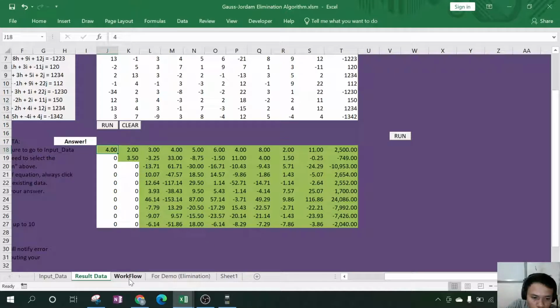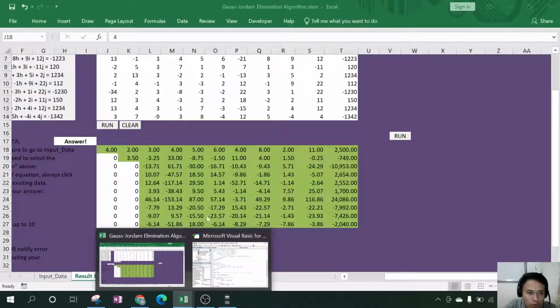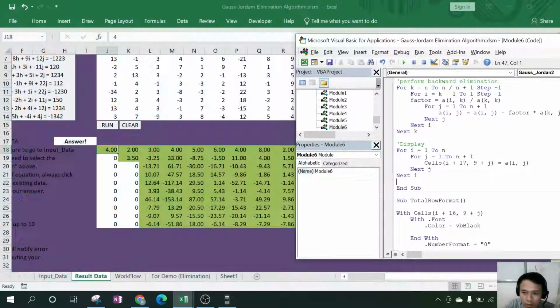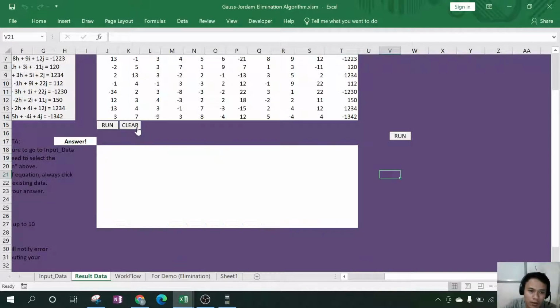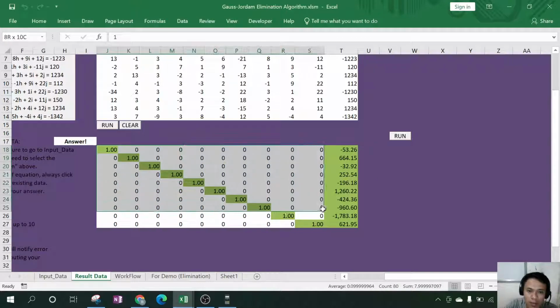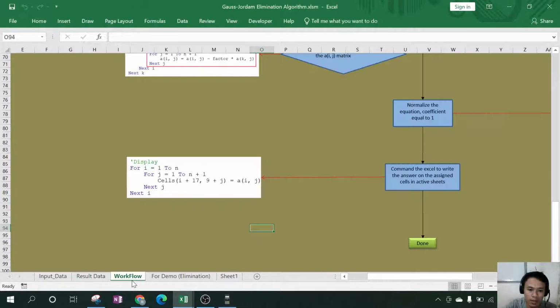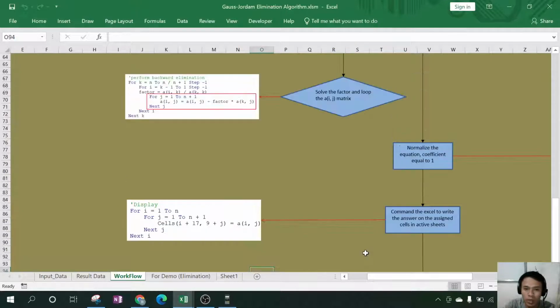Then up to 10, so this is 17 plus 10, up to 27. Then same as this one, this is 11. Then yeah, that's it. If we run that one, this is how our program works. And that's how to make this one.